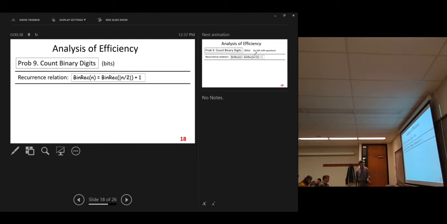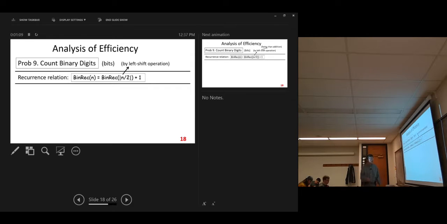All right. So let's first determine the basic operation. When we do analysis, we want to count the number of basic operations. Here, there is a division, right? Division by 2. Usually, division is very expensive compared with addition.